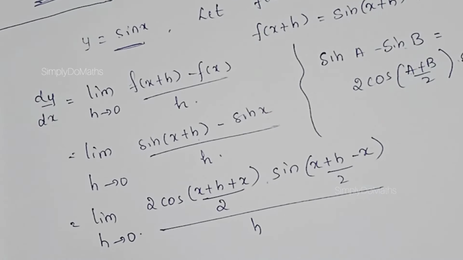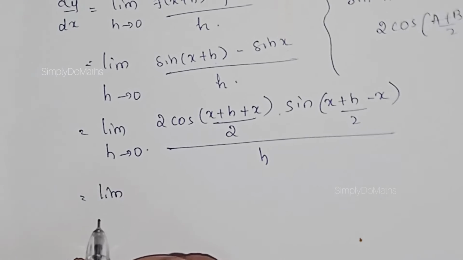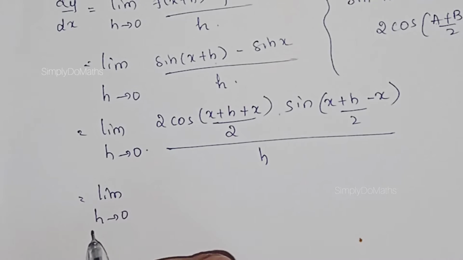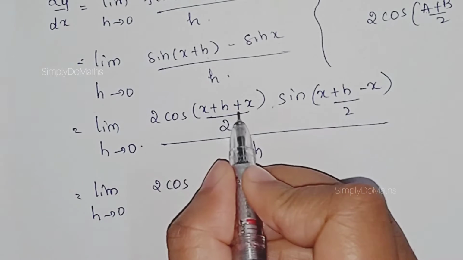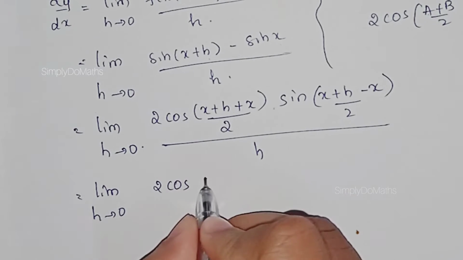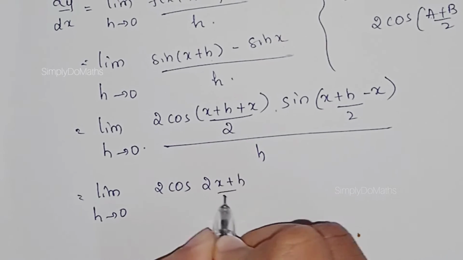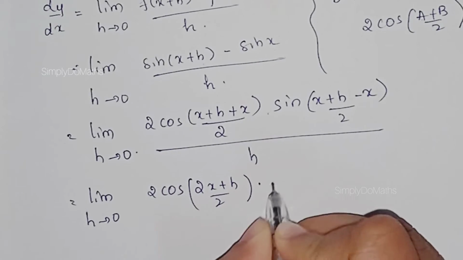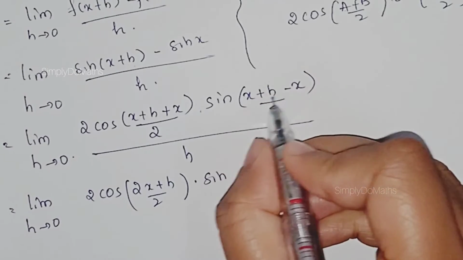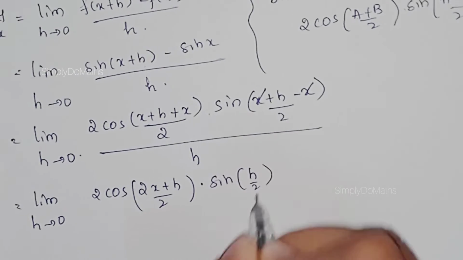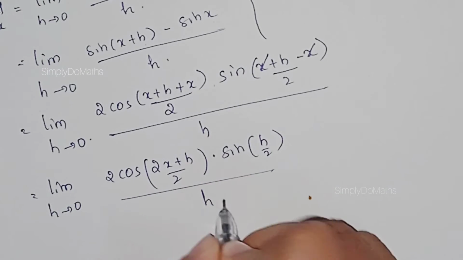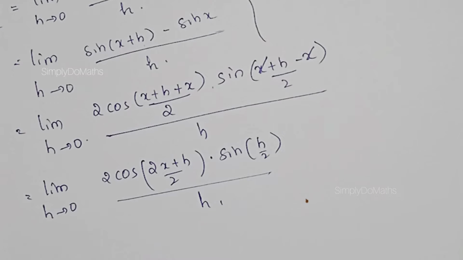This will be equal to limit as h tending to 0, 2 cos of (x plus h plus x), that is (2x plus h) by 2, into sine of (x plus h minus x) by 2. Here x will get cancelled, so we are left with h by 2, whole divided by h, right?